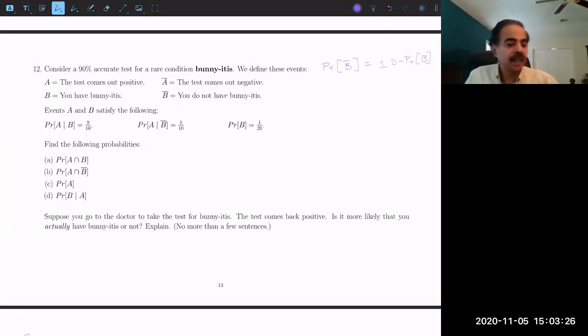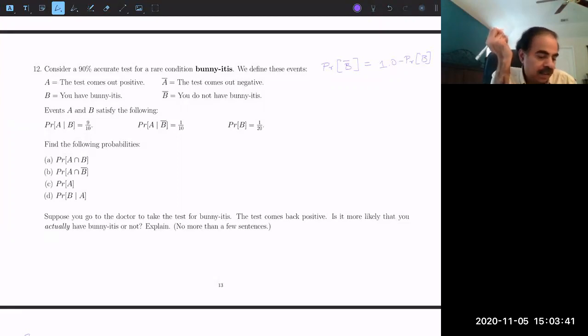So something not occurring, well, you just say 1 minus the probability of that event occurring. Another identity that is useful in the context of conditional probabilities is this one, right?